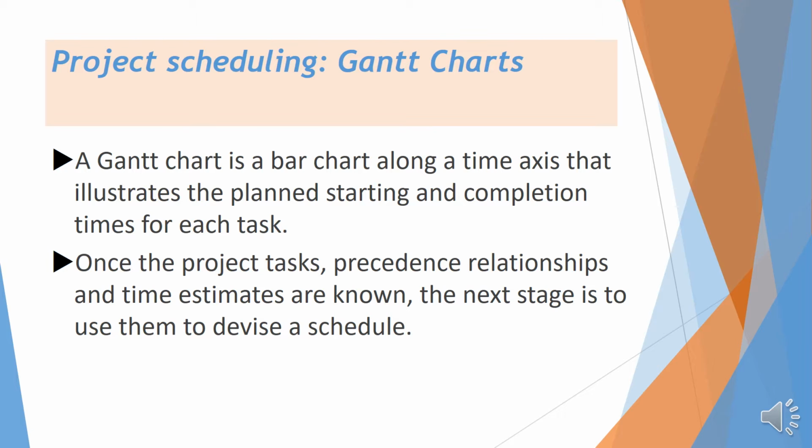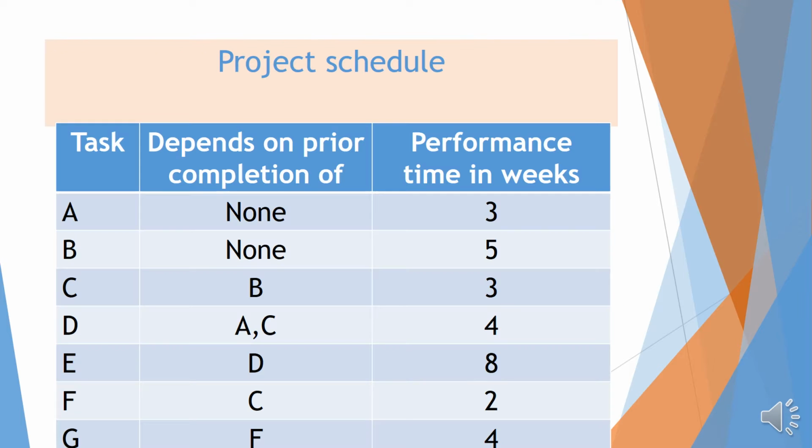Once the project tasks, precedence relationships, and time estimates are known, the next stage is to use them to devise a schedule. The schedule may be like we have here. It has tasks, predecessors and performance time. In this case, weeks.